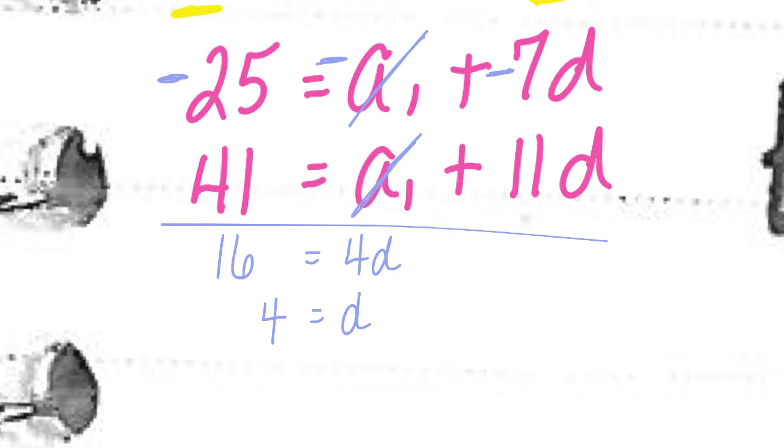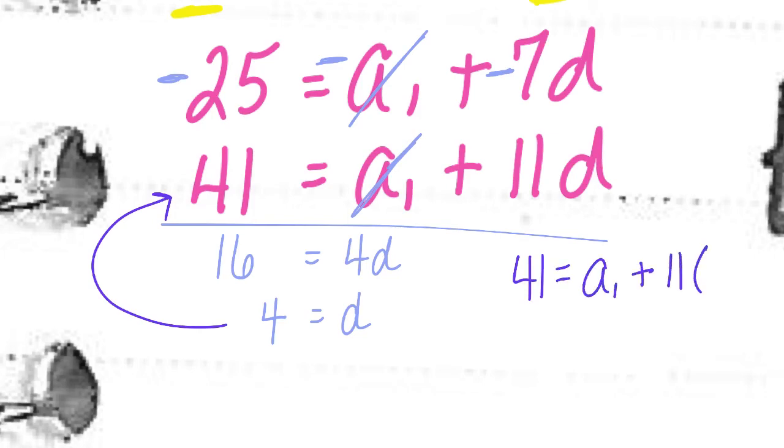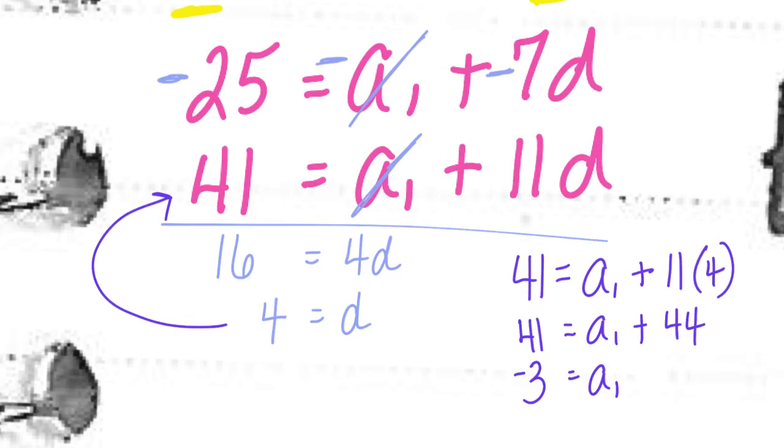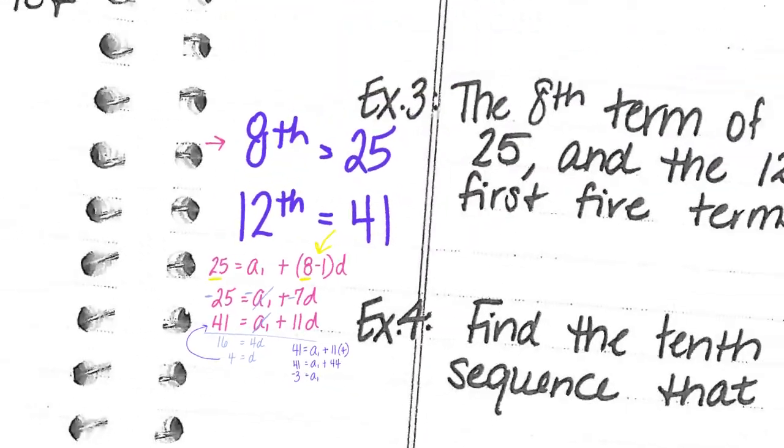When I plug it back into an original, I always plug it back into an original here. 41 is equal to, we don't know the first term, but we know that d was 4. 41 is equal to a sub 1 plus 44. So I know that the first term is going to give me a negative 3, and it's going up by 4 every time.